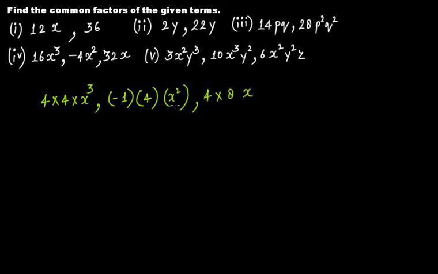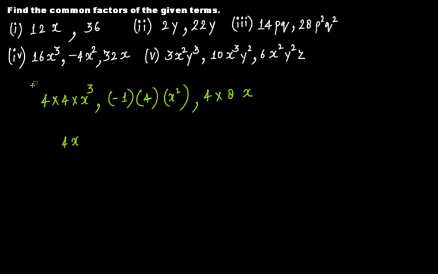Now here you have x squared, here you have x cubed, but here you have only one x. So one x from each is common. And then you have 4, 4, 4. So it means 4x is the common factor from these three terms.